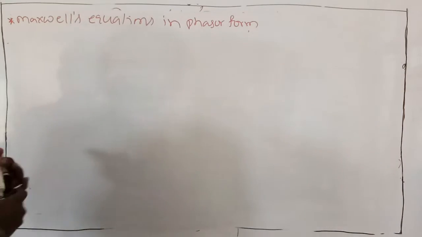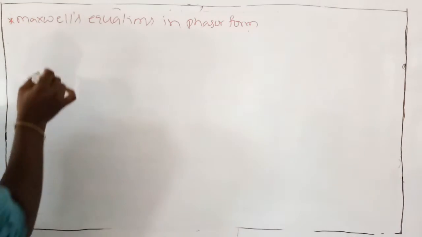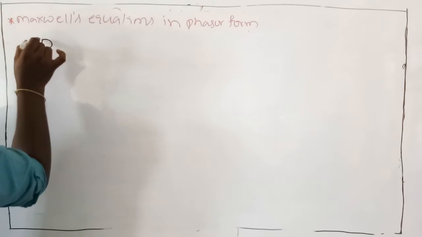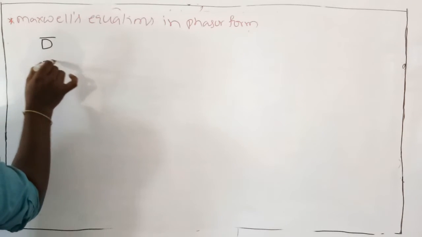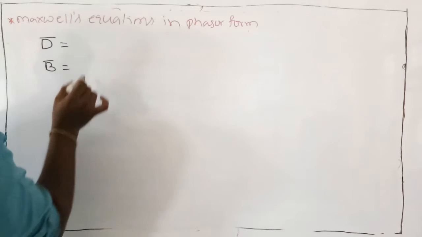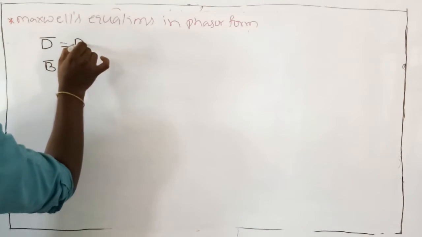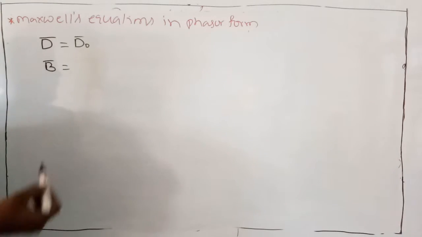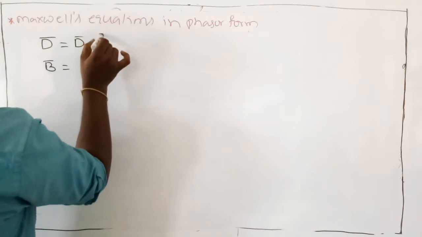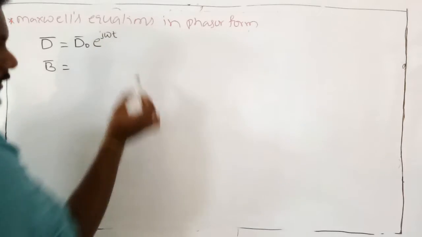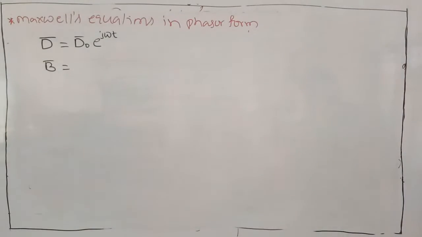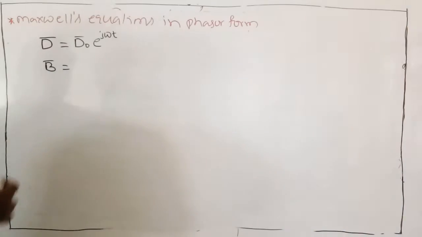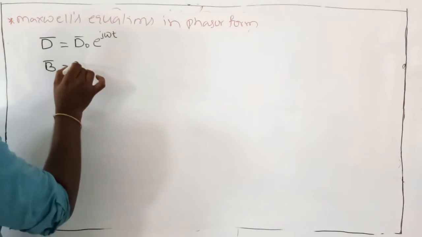So first of all, I am just considering the components here. What are the main components in the Maxwell's equation? D bar and B bar are the main components. So I am expressing my D bar with magnitude as well as direction. Direction is represented with e power j omega t. D naught bar is the magnitude and e power j omega t is the angle.